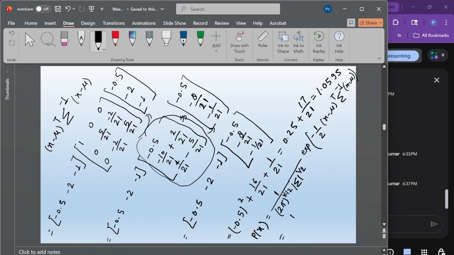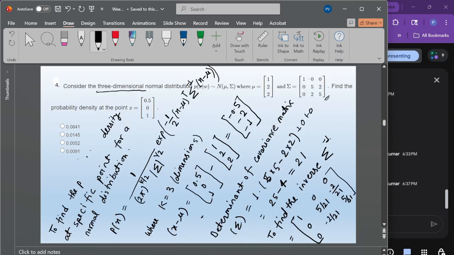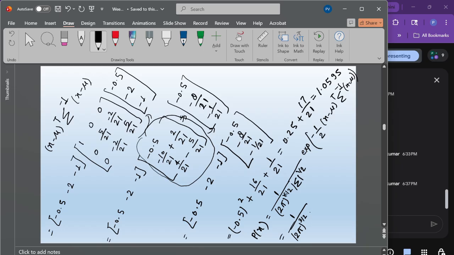Okay, so 1 by 2 pi, here the dimension is 3, so to the power 3 by 2, and the determinant for this matrix was 21, right? That determinant, yeah, 21. And this is to the power 1 by 2, so it can be written as root 21, right?